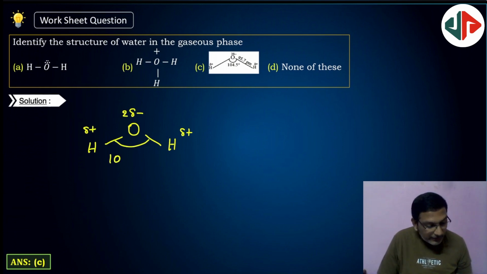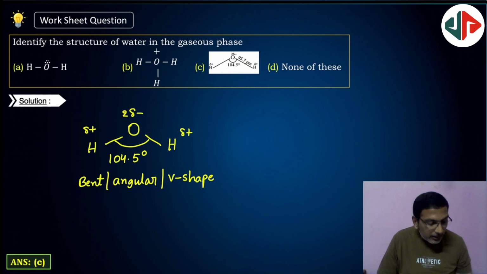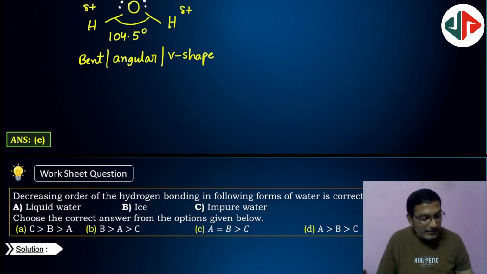So bond angle 104.5 degrees, which is bent or angular or V shape, and oxygen has two lone pairs. This is the structure. Option C in gas phase. Next.